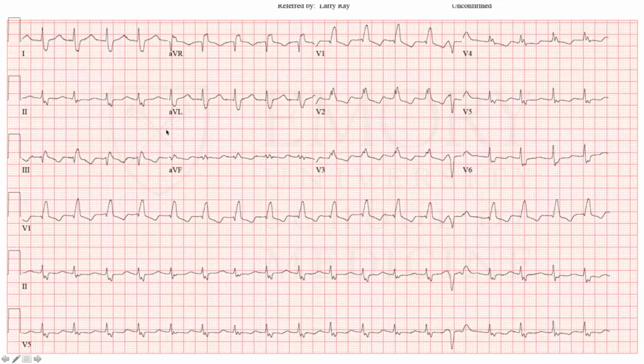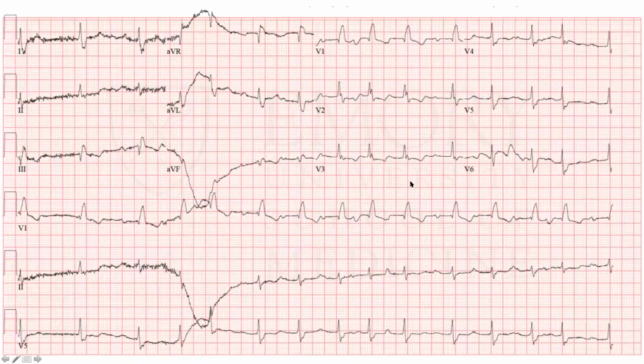So I'll use all the clues, and anytime I see a funny blip at the terminal portion of the QRS, I'll focus on those leads in the sinus one. So there's something here in 2, there's something in V5, V6. When he was in sinus, not that you can see 2 very well here, V5 and V6 don't have that. Maybe there's one here, but when it's clearly a sinus beat, there's nothing there.